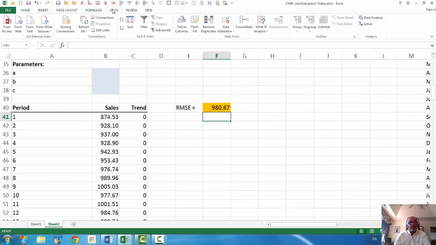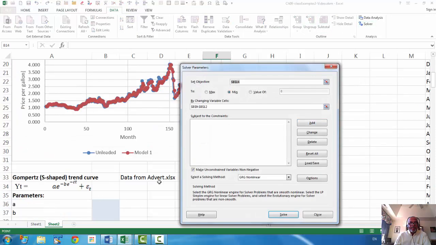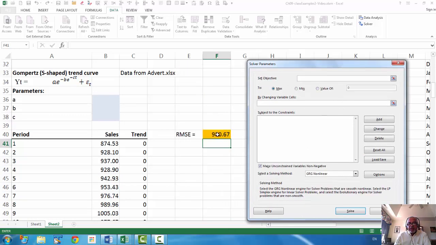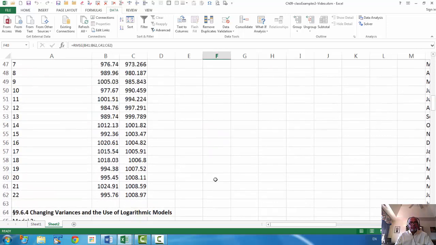Now we are ready to run Solver. Now let's reset. That is the RMSE we want to minimize, by changing these cells, and we solve. Okay, there you go.